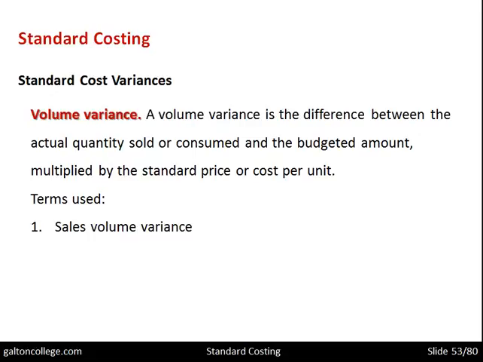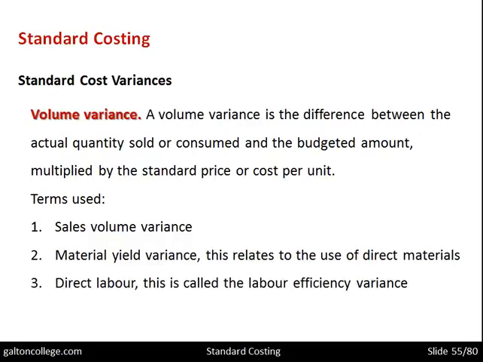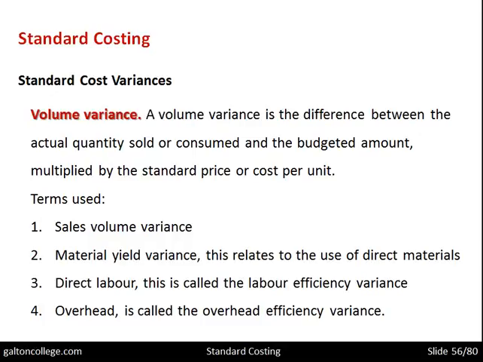Now the terms used: sales volume variance, material yield variance, this relates to the use of direct materials. Direct labour is called the labour variance or the labour efficiency variance. And overhead is called the overhead efficiency variance. So we can work out variances for different aspects of costs, different types of costs within the business.